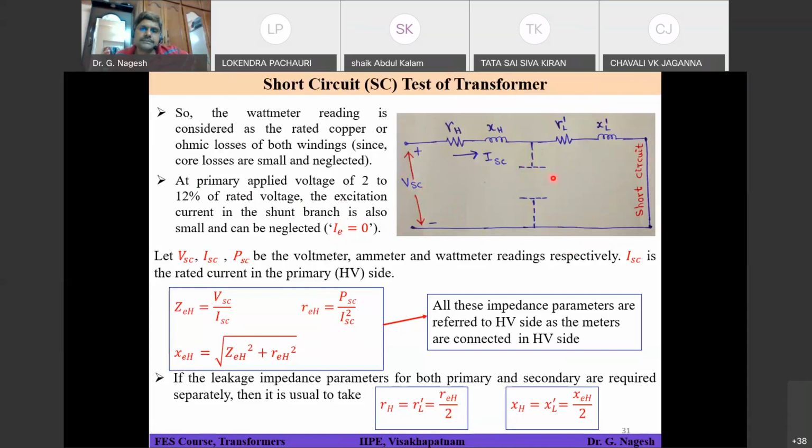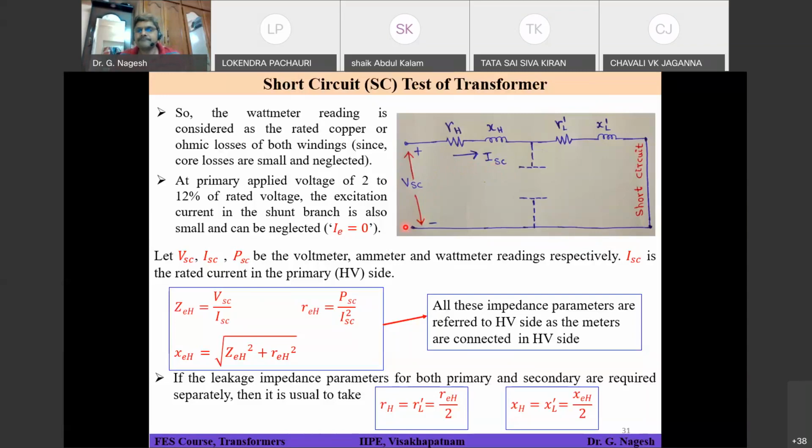Neglect means it's open circuit, so excitation current is 0, we are assuming. So ISC, which is seen in your ammeter, is nothing but your short circuit current. VSC, which is seen in your voltmeter, is nothing but the short circuit test voltage, and the wattmeter will straight away give you the copper losses.